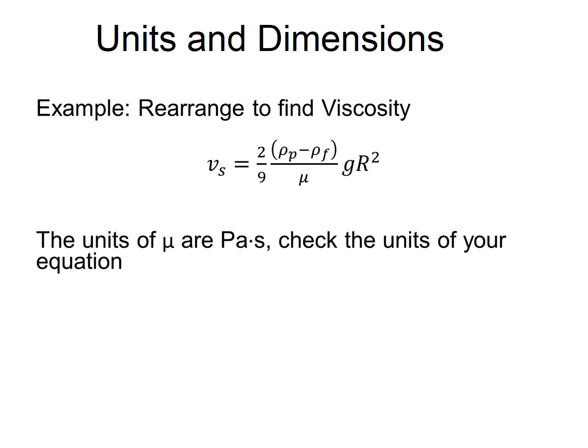How do I know that I've done that right? One of the things I can do is go through and check that my units make sense. Because I know a bit about viscosity, I know that the units of viscosity are Pascal seconds.